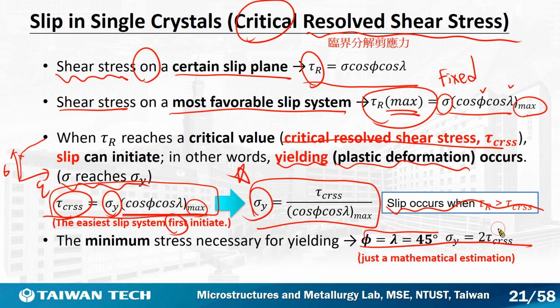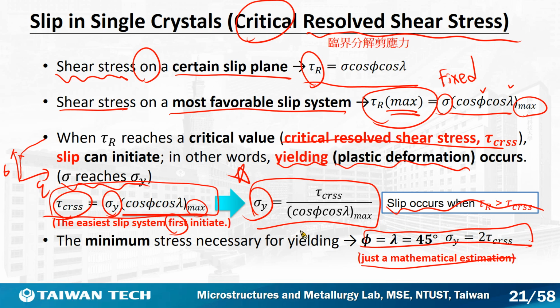However, it's very important: this is just a mathematical estimation, for phi equals lambda equals 45 degrees. This will not happen all the time, because for the materials you apply, for example, tensile stress, you don't know about the slip plane and slip direction.